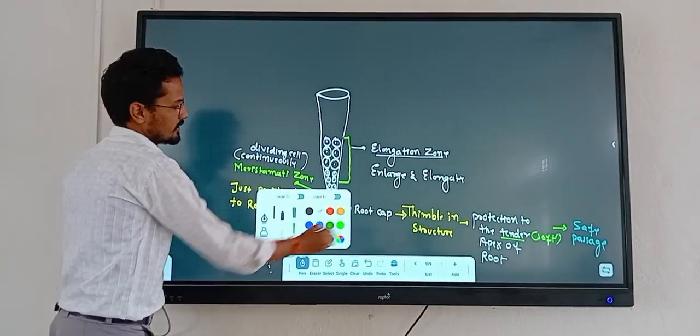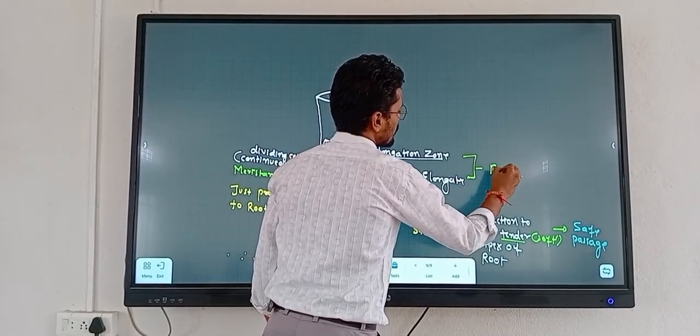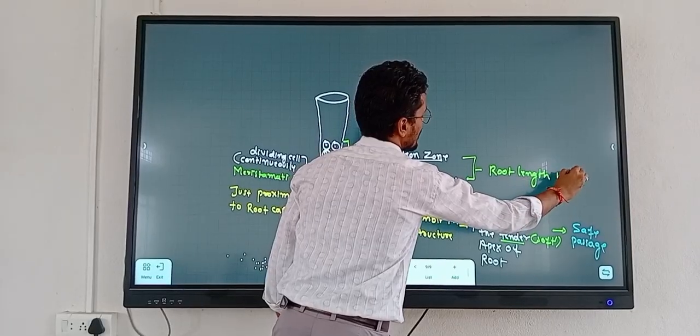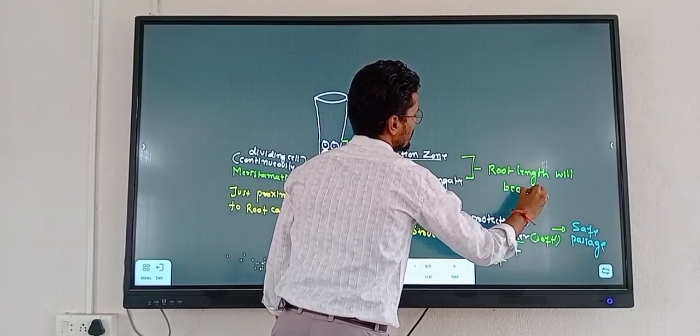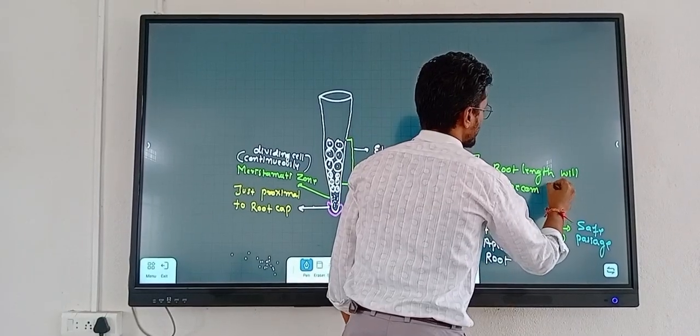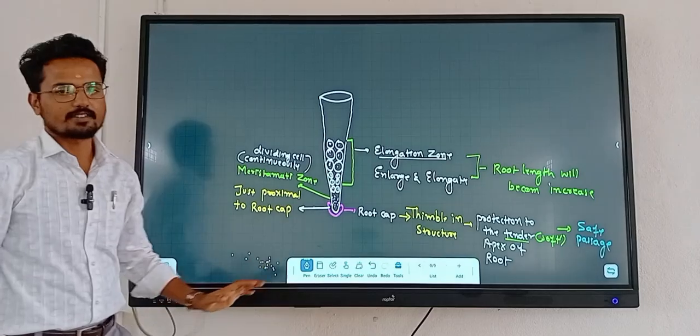Due to this, the root length will increase.